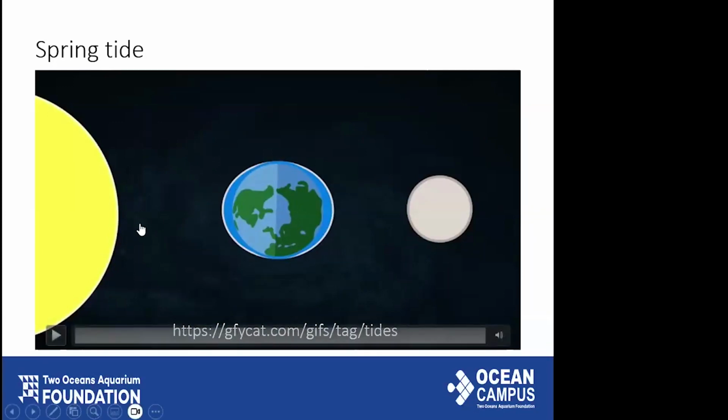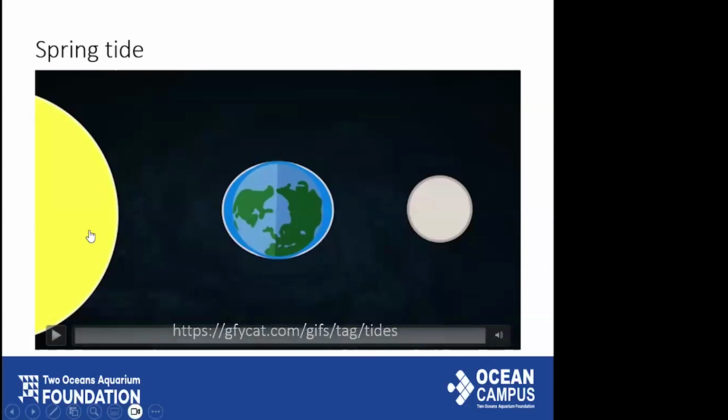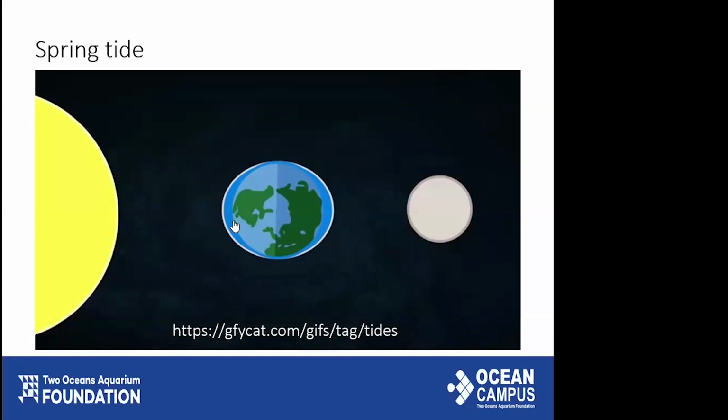And so when we add the impact of the sun as well, then we have an additional increase in the height of the tide. So the first is when we have the sun, the moon, and the earth in a straight line, and that usually occurs at new moon and full moon.